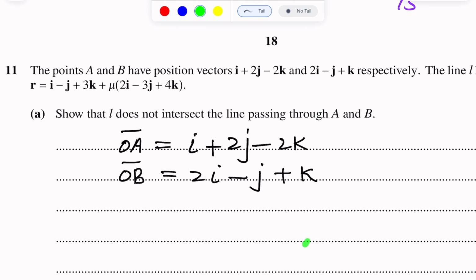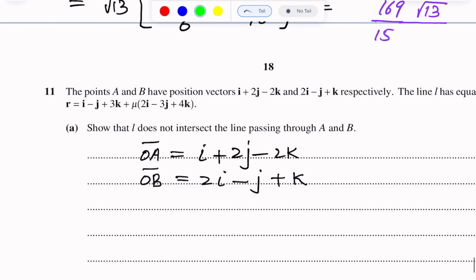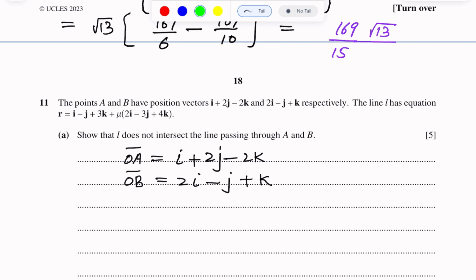Suppose this point is A and this point is B. Line passing through A and B. We have to find the equation of this line AB. Let OA is equal to vector a and OB is equal to b.